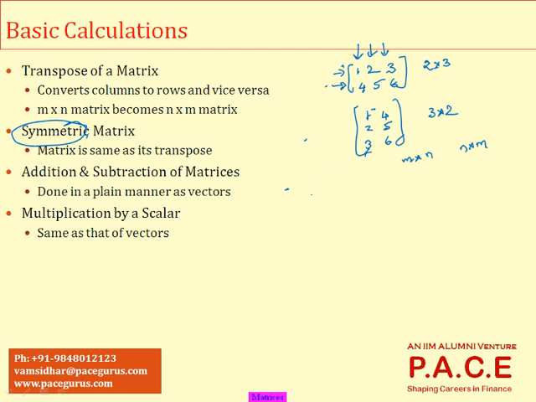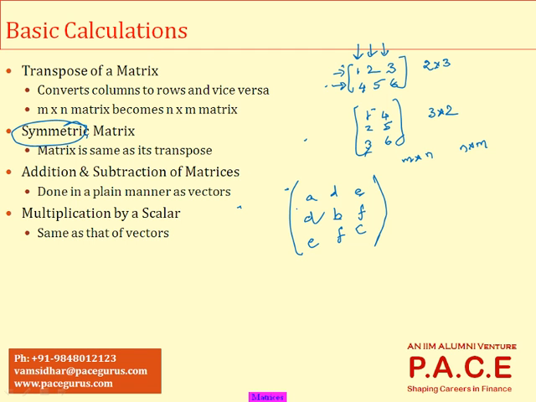For example, take any matrix like this and do a transpose of it, interchanging rows into columns and columns into rows. You will find that the new matrix is exactly the same as the old matrix, not just in size but even in content.